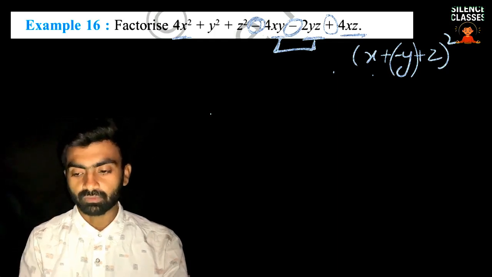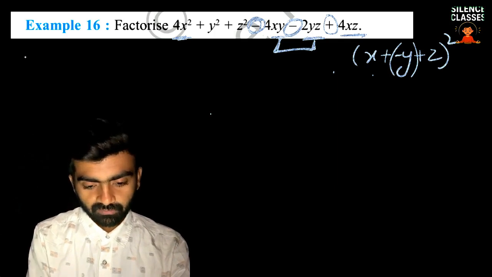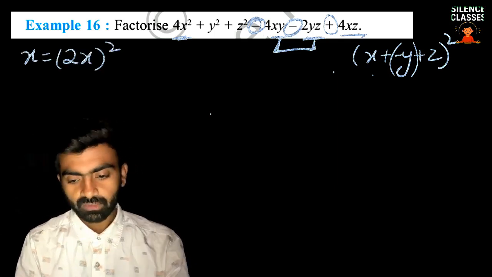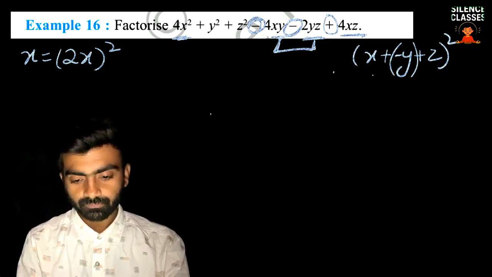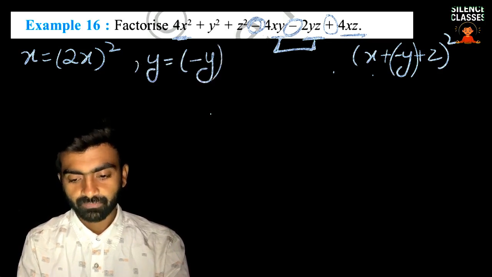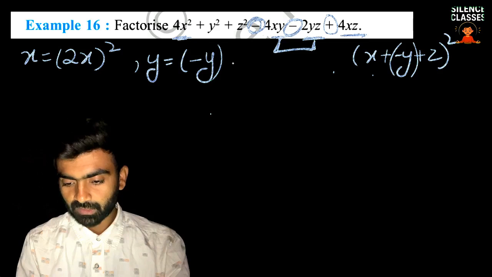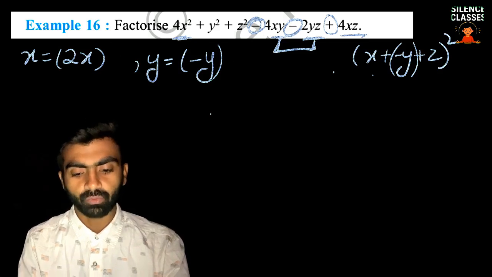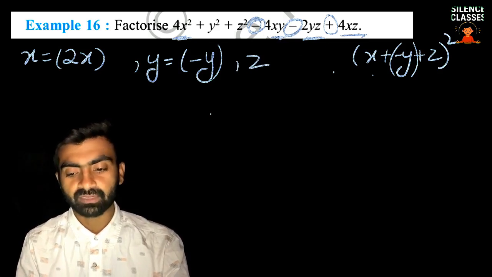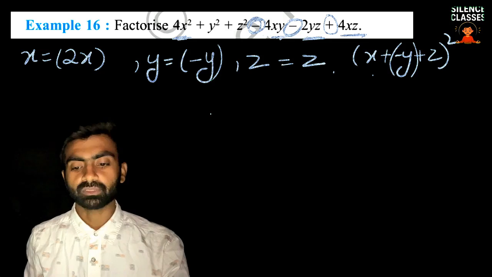Over here x whole square is there, so we can say x equals 2x. y equals minus y. While finding the values of x, y and z I will not put the square sign, so z equals z only. We will not put the sign.